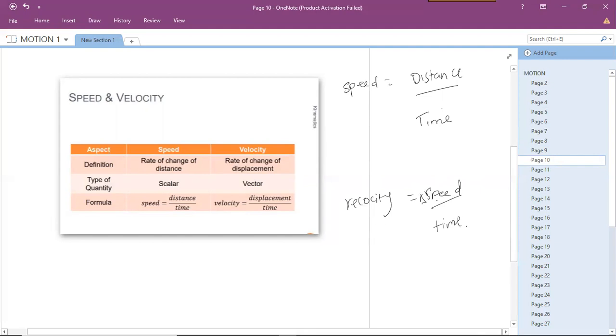So where there is velocity, there is change in speed. And where there is speed, there is a change in distance, or you can say change in displacement.